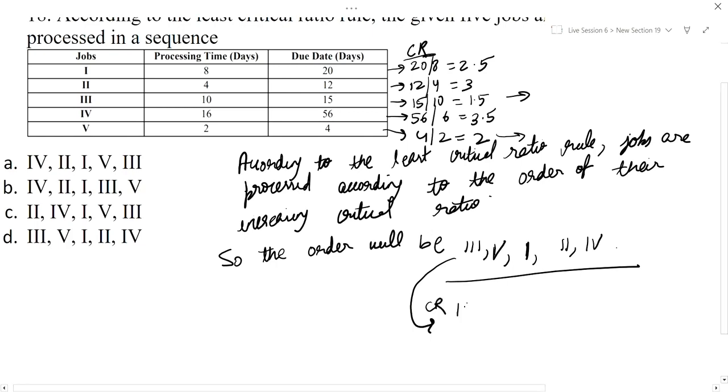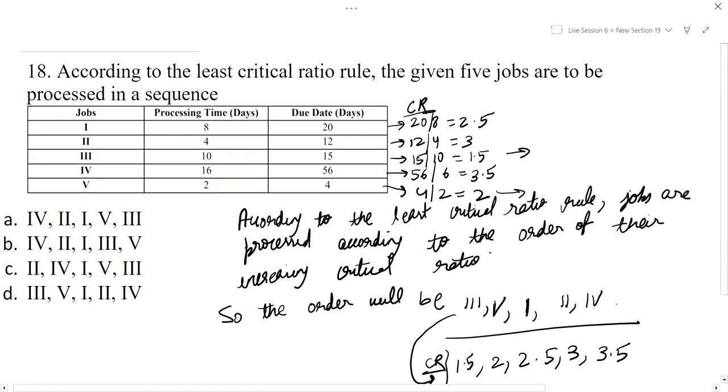For job 3 it is 1.5. Then next 2, 2.5, 3 and 3.5.